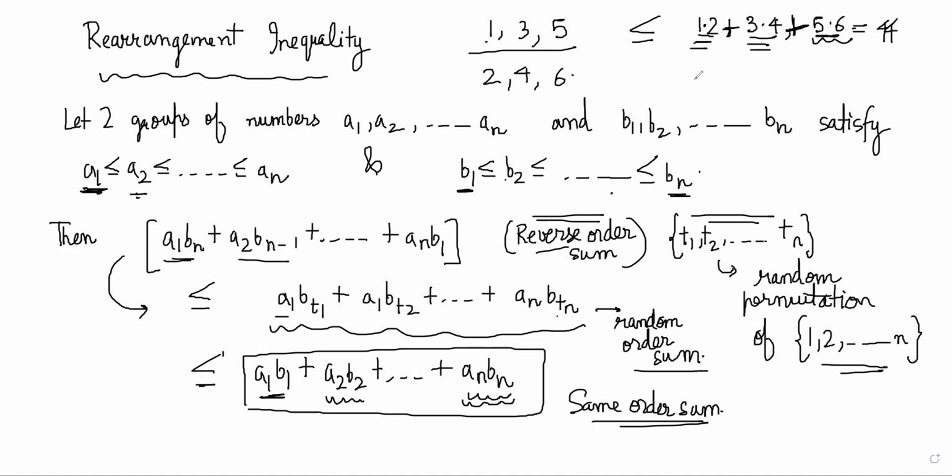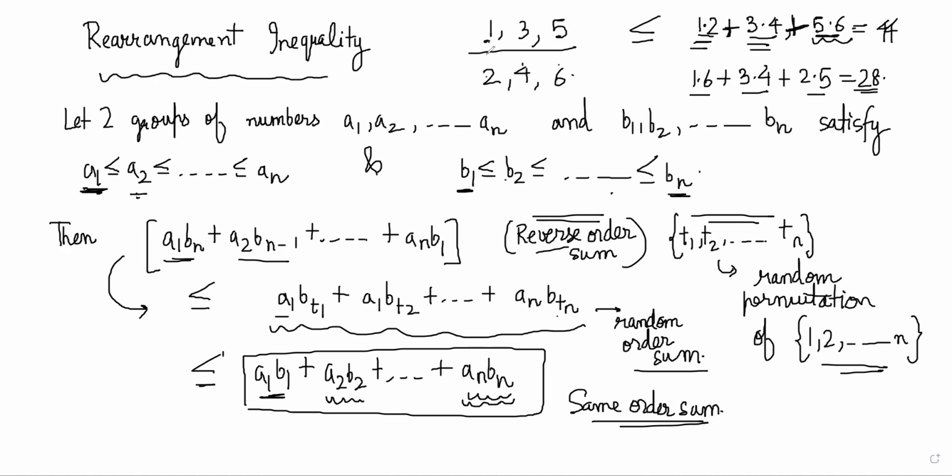Reverse order sum would be 1 into 6 plus 3 into 4 plus 5 into 2, right? Correct. So this will be simply 6 plus 12 plus 10. So that is 28. So the smallest possible one is when 1 is multiplied with the biggest one, 3 is multiplied with this, 5 is multiplied with this.